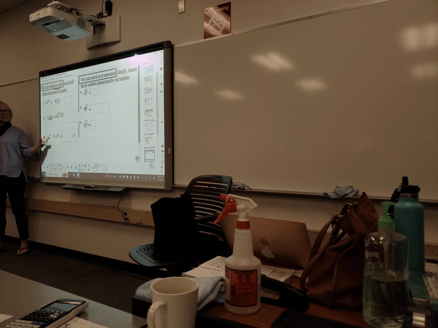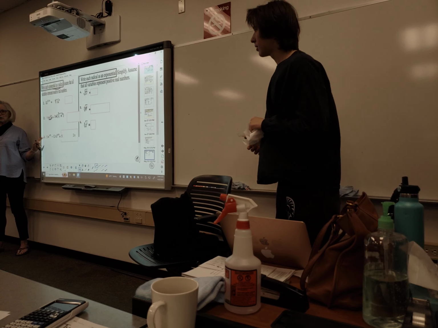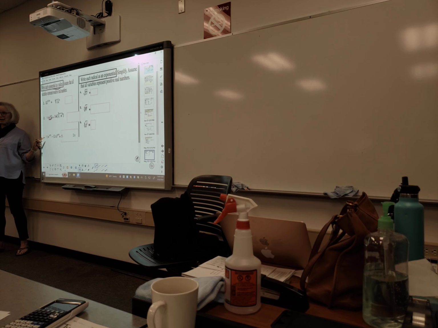Now let's try the next one. They want me to write it with radicals. So look again, do you see the red 5? It has nothing to do with that x to the 3/5 power, the black x to the 3/5 power. That is separate from Mr. Red 5.